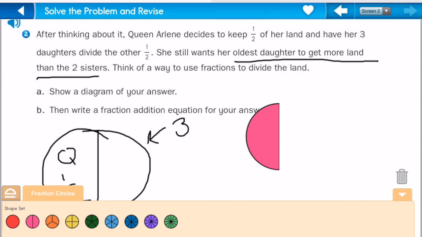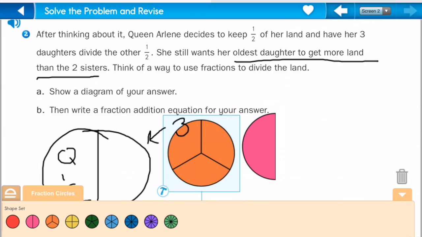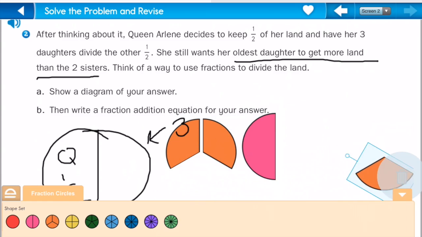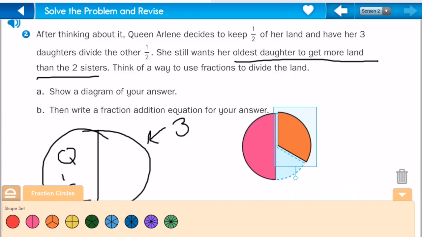So we know she's going to get that. Now, I need to think about how much I want to give the older daughter. We want her to get more, right? So one way that we could do it is we could give the oldest daughter maybe 1/3. So let's break this up because we don't want it to be equal. We want the oldest daughter to get more. So we'll give her 1/3 of the land, right?